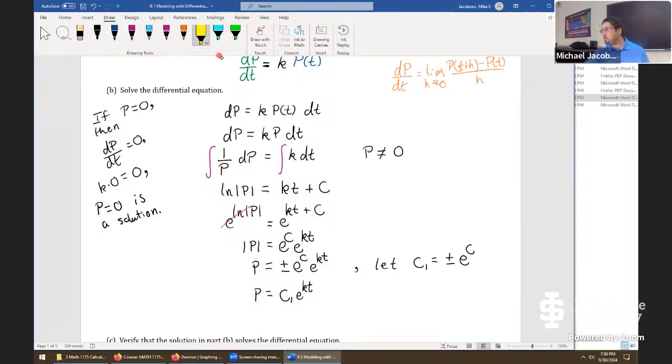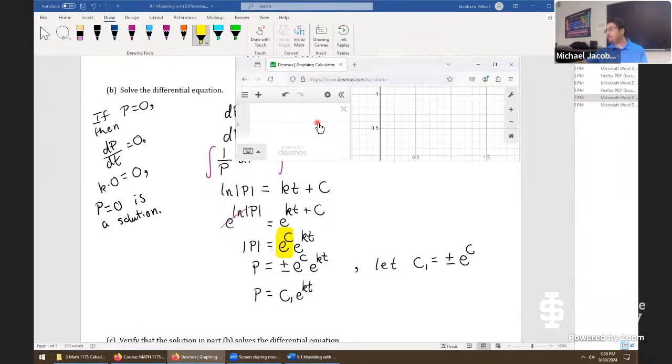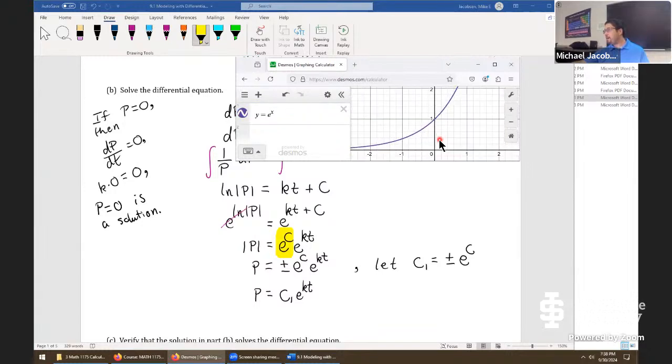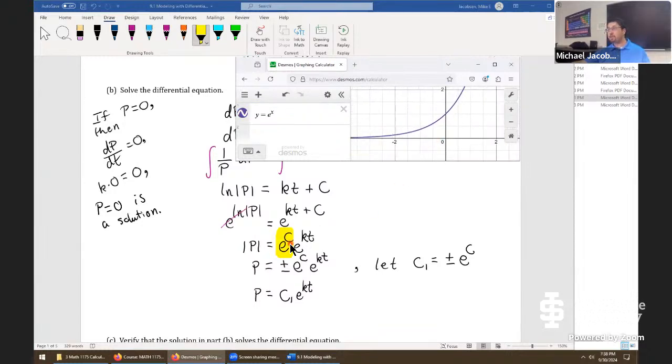Okay, so e to the power of c is kind of concerning if we only had that as a constant. The reason that's concerning is if we write out something like y equals e to the power of x, then no matter what your value is for c, right here where it's highlighted in yellow, it's always positive no matter what.